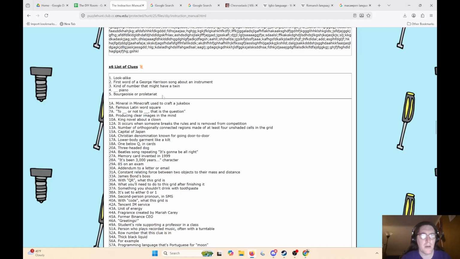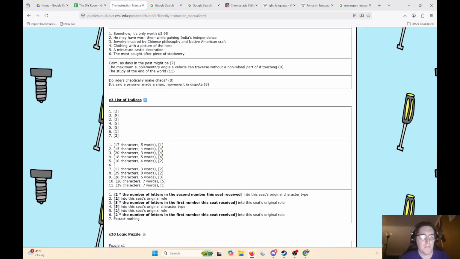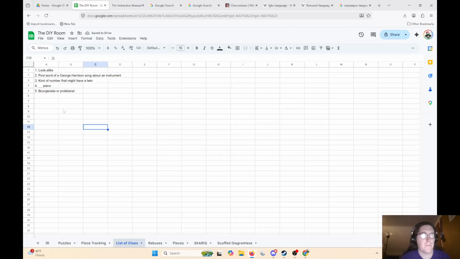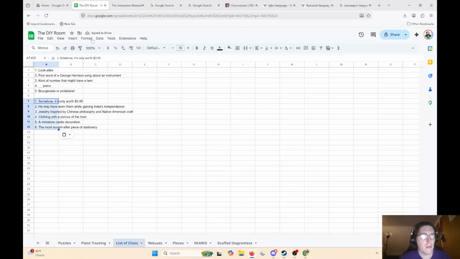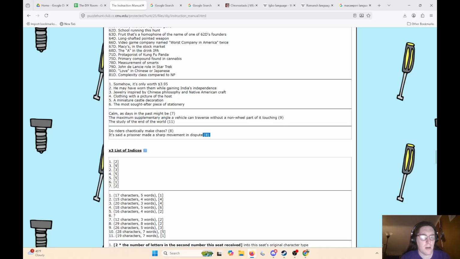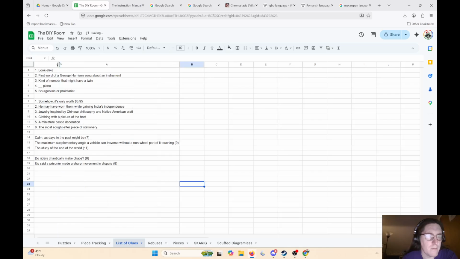All right. So what I'm seeing here is this might be Taskmaster references. These look like straightforward crossword clues, and these look cryptic. So like this is a laminator.